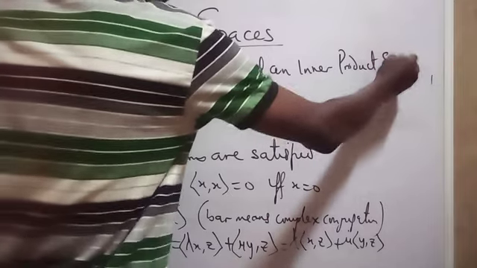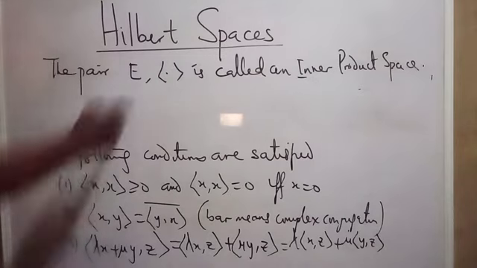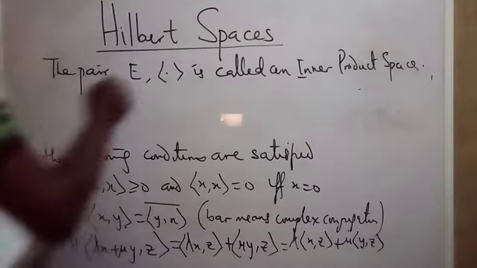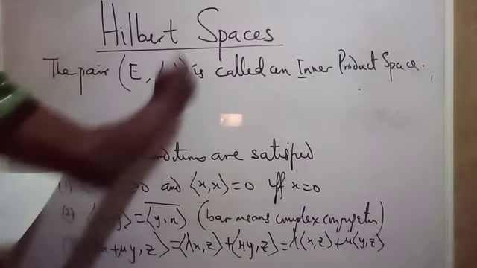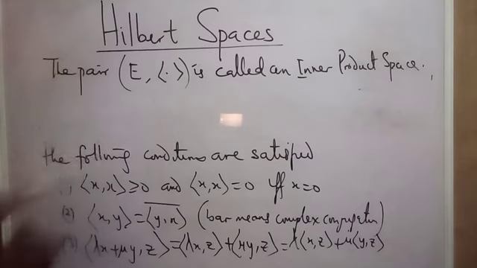This is called an inner product space. Okay? So this combination is called an inner product space. Alright? Now, let's look at some examples of inner product spaces.